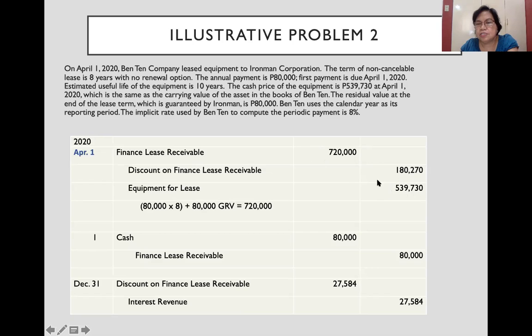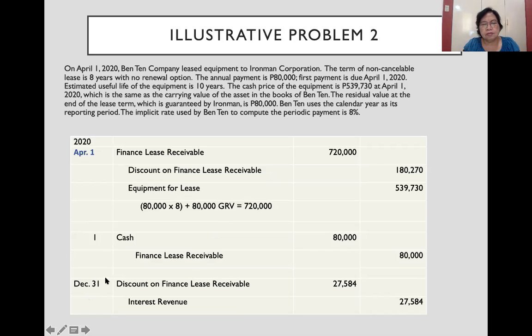Again, this is the gross, this is the net, such that 180,270 is the account that reduces the gross to net. So this is the total interest that will be earned by the lessor over the lease term, 180,270. So that is credited to discount on finance lease receivable. On the same day, we collected the first 80,000, so we debit cash 80,000 and credit finance lease receivable 80,000.